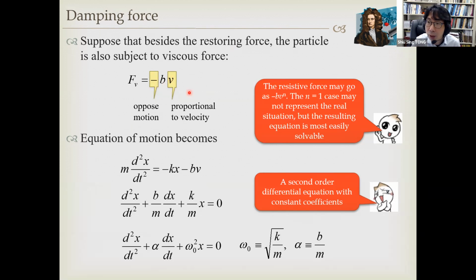Now, to be fair, I would like to emphasize that this is a model only, and this model may not be accurate in some situations. The general resistive force may go as minus B V to the power n, where n is a positive number. Now we only choose the n equal to 1 case for the viscous force.